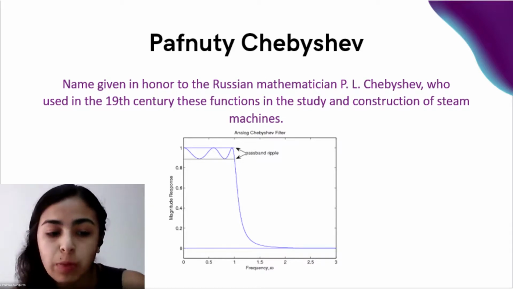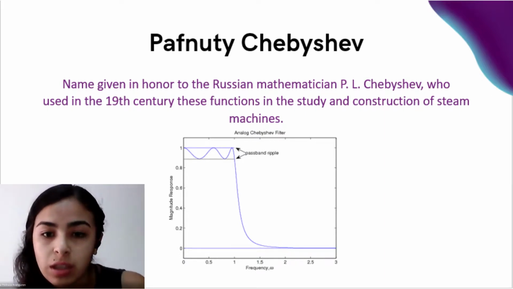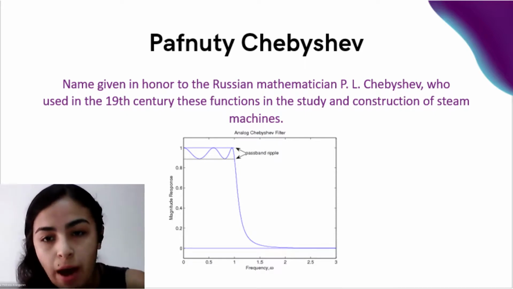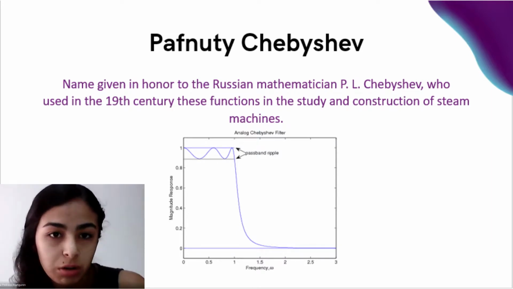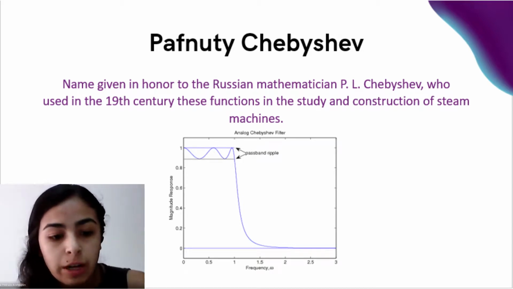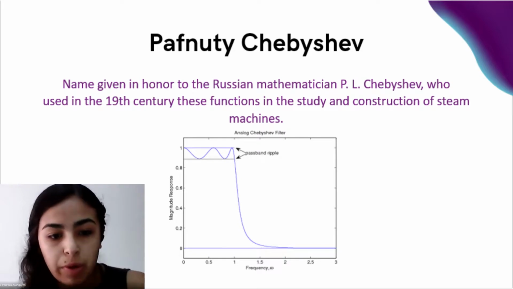It exhibits a ripple response in the passband and a constantly decreasing transmission in the suppressed bandwidth. The total number of peaks and valleys in the passband is equal to the filter's order n. All the transmission zeros begin near infinity, meaning that this filter works for every pole.